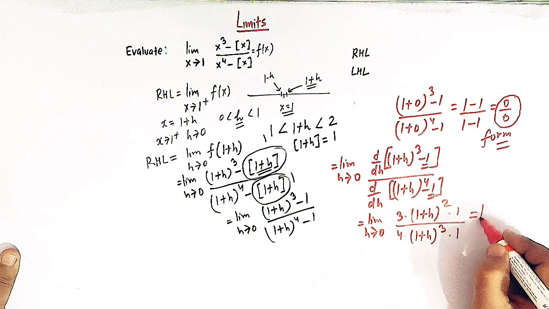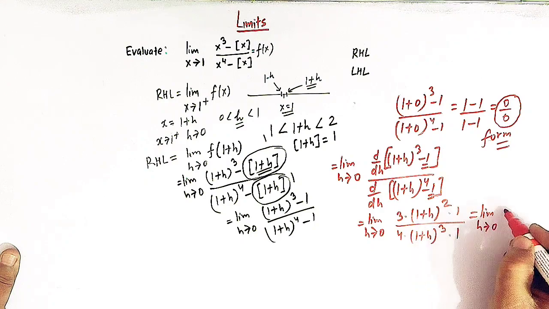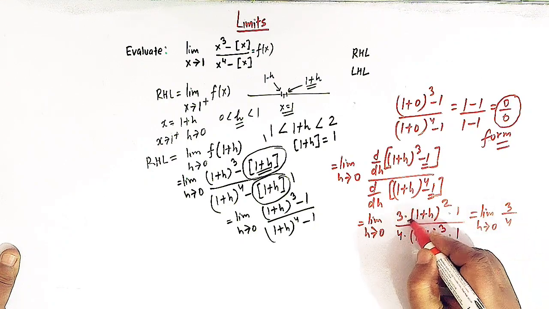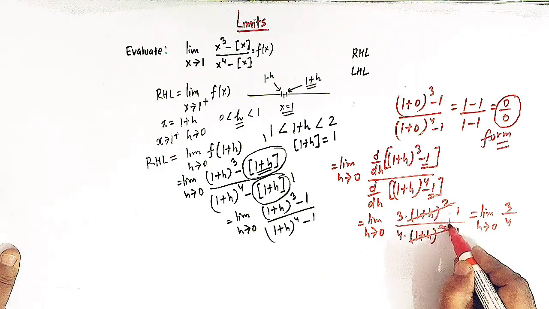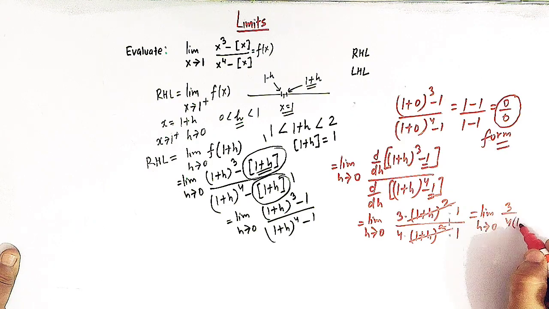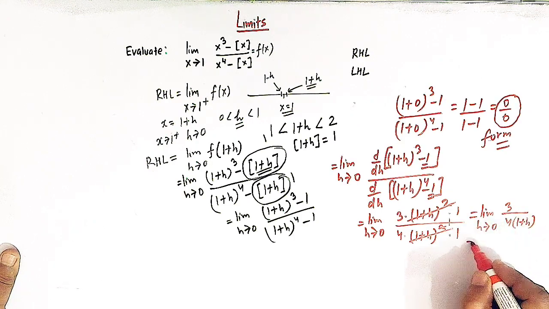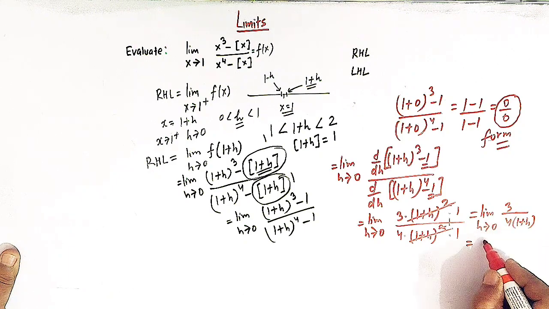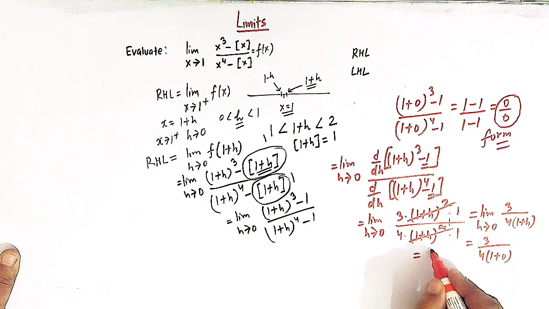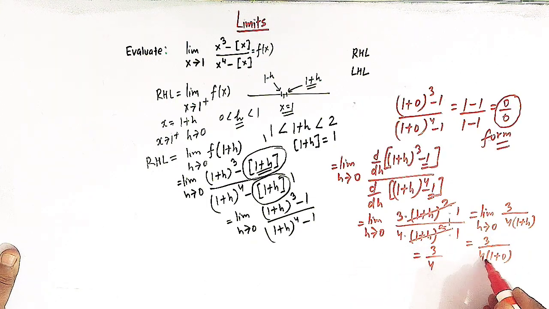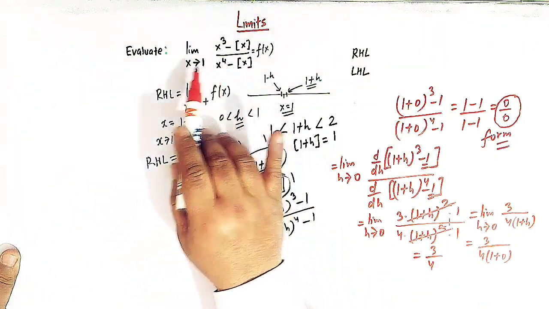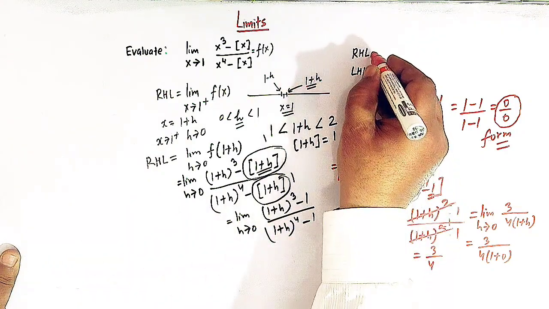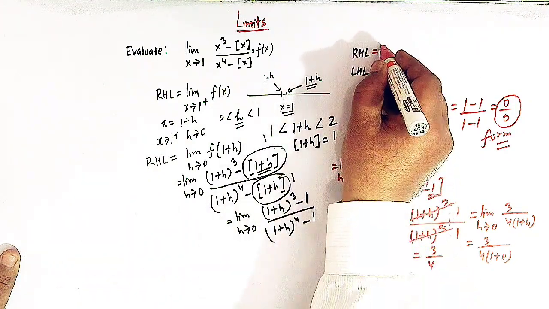So now see, we have limit h tends to 0 of 3 by 4, and here this quantity gets cancelled with this one, and we are left with only power 1, right? So we have 4 times (1 plus h). So now taking h equal to 0, we have 3 by 4 times (1 plus 0). So this is 3 by 4, right? 4 times 1 is 4. So the right hand limit of this function when x approaches 1 is given by 3 by 4.